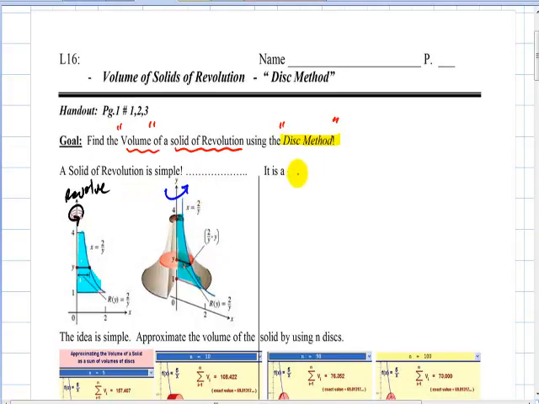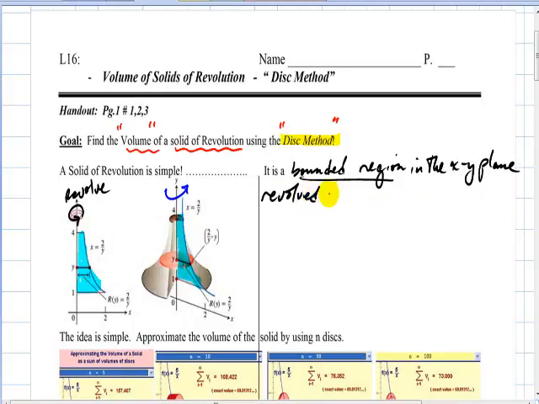Basically, you take a bounded region in the xy plane and you revolve it around a given line called the axis of revolution.